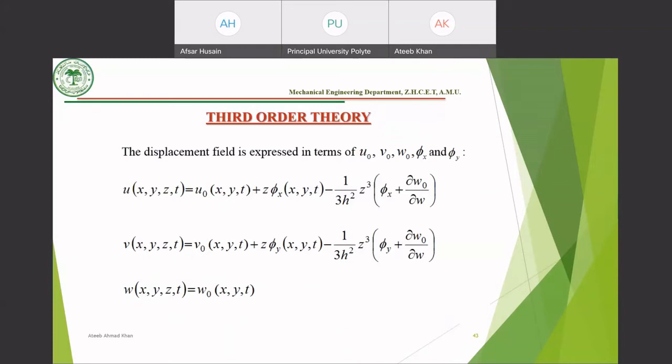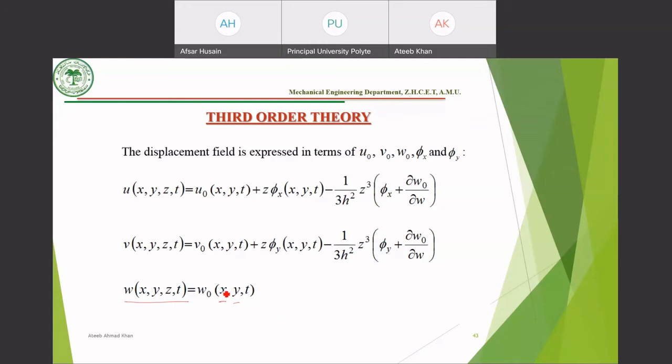Now, the displacement field of the third order theory is given by these equations, where you can see that the displacement in the z direction is only a function of x and y coordinates, and it is not a function of z, because the elongation in this direction is restricted.